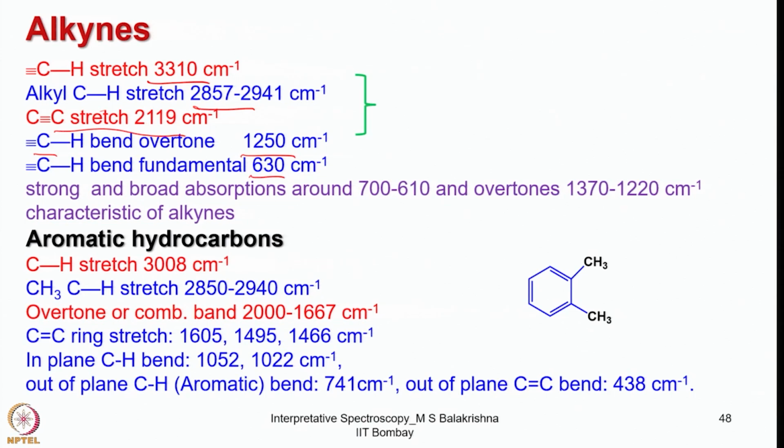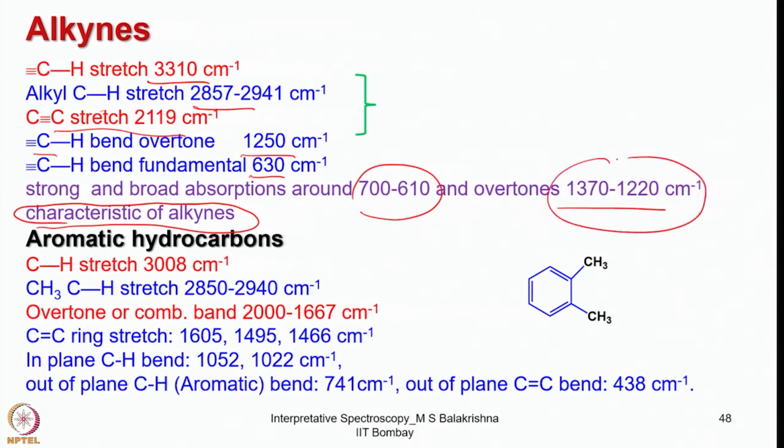Strong and broad absorptions around 700 to 610, and overtones in the range of 1370 to 1220 centimeter minus 1 are characteristic of alkynes. If you have an alkyne group, you should focus your attention on this range.